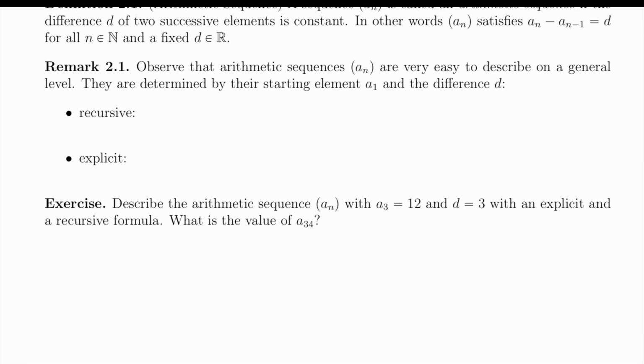In general, you can describe arithmetic sequences again recursively by saying a_n is just a_{n-1} plus this difference d, and a_1 is equal to some fixed number, let's call it c, where c is some fixed number in R, that would be the anchor.